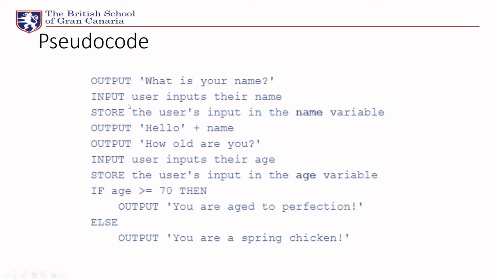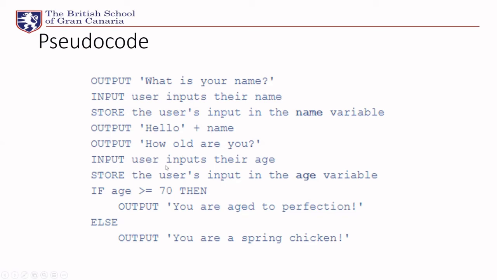Okay, so what is happening here is what appears on the screen is a question: what is your name? Then the input is basically something that is allowing the user to type in their own name. Then the computer remembers the name. So then the output would be hello plus whatever name the user has typed in. Then again, the output would be a question: how old are you?